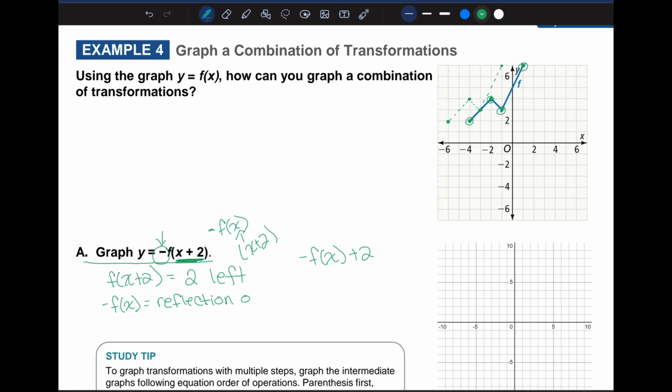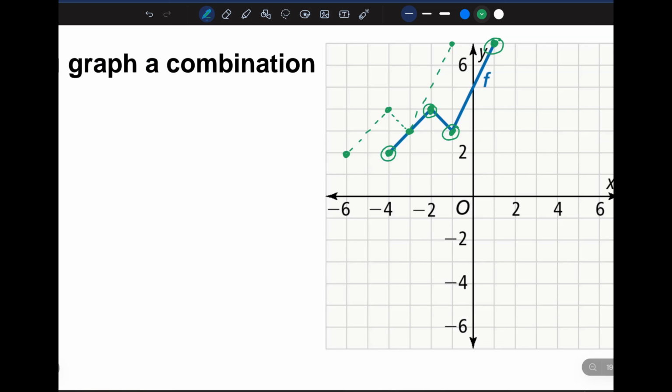All right, so if I reflect over the x-axis, that means that if I have a dot right here, it is 2 above the x-axis. 1, 2. So I'm going to put a dot 2 below the x-axis. Here, this is 4 above, so I'm going to put a dot 4 below. All right, this one is 3 above, so 3 below, and 7 above, so 7 below.